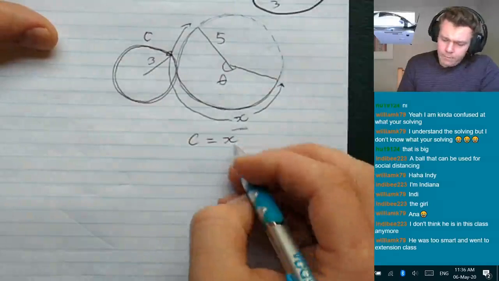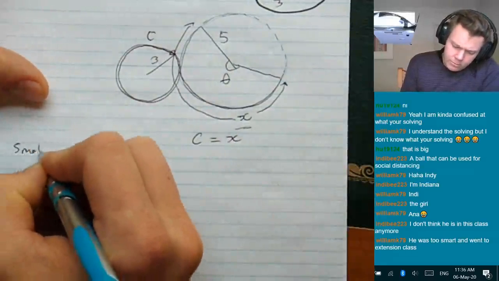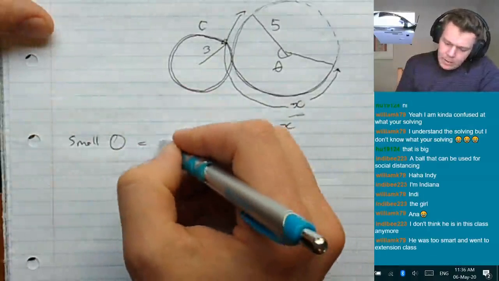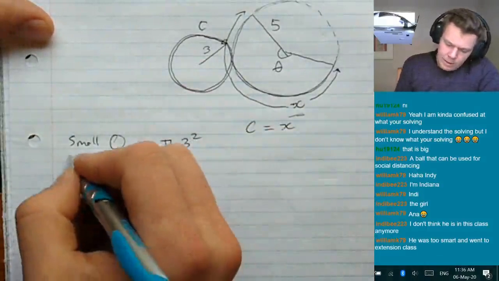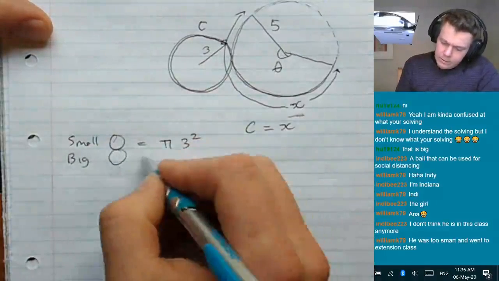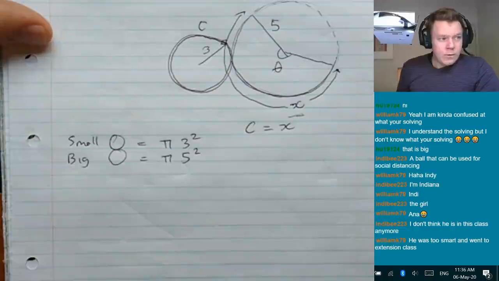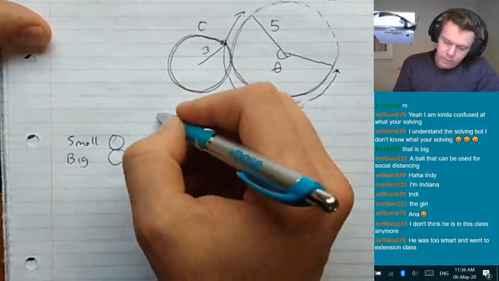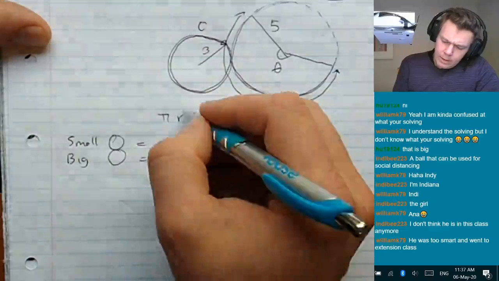So the small circle is going to be pi times 3 squared, and the big circle is going to be pi times 5 squared, because area of a circle is pi r squared.